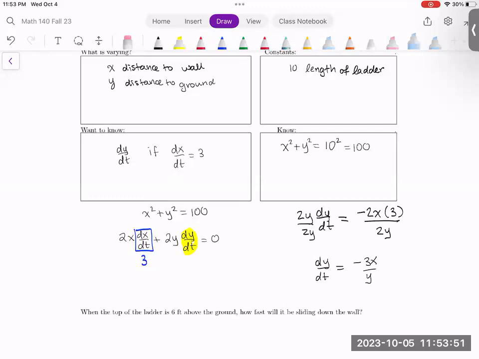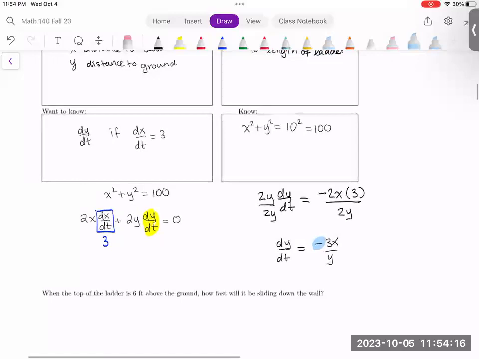This negative sign means that our distance to the ground is decreasing. And let's think about, as y gets smaller, what happens to dy dt? Does it go up? Does it go down in terms of its size? Our y values are going to be getting smaller.